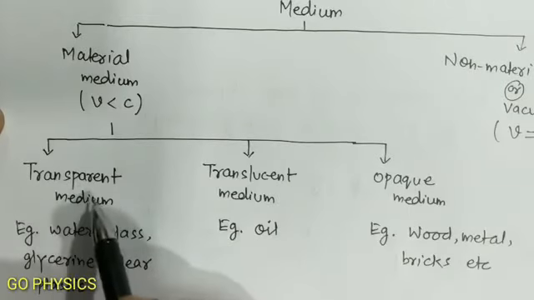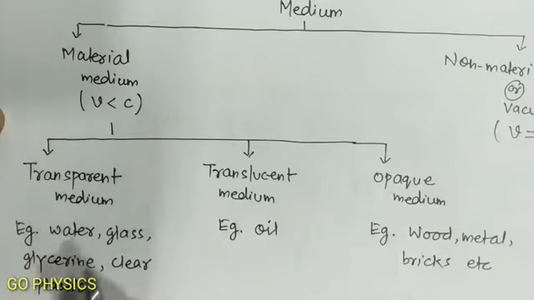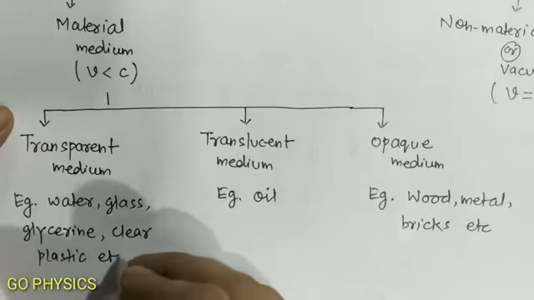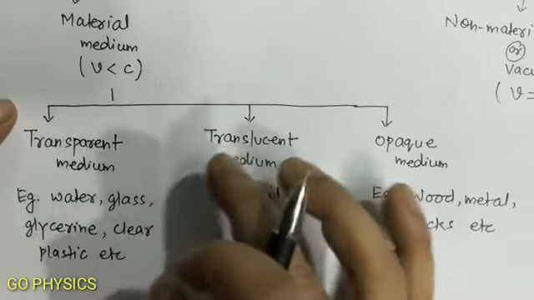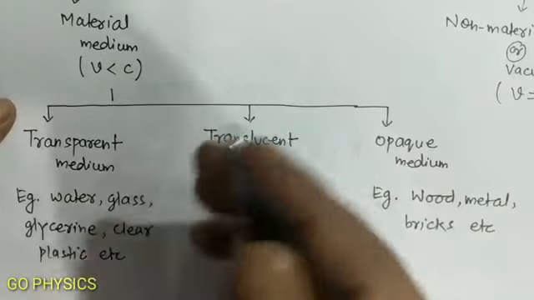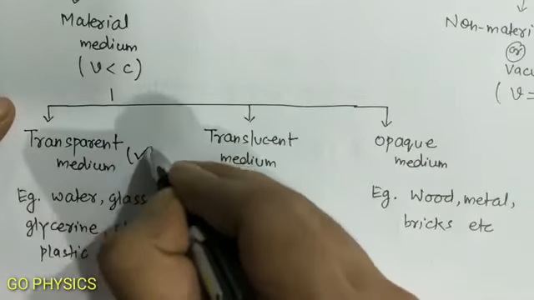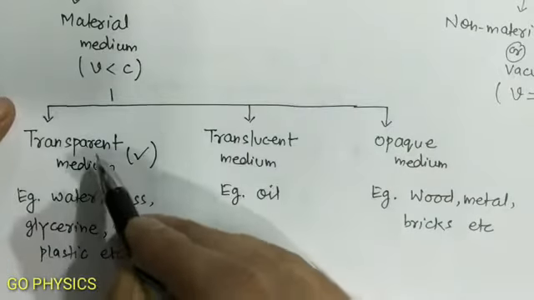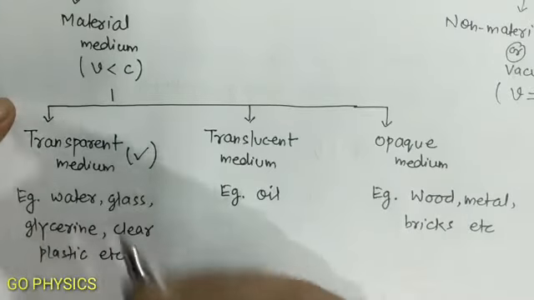In transparent medium, that is, a medium like water, glass, clear plastic, etc., light can travel freely over a very large distance. So in transparent medium, light can travel easily.